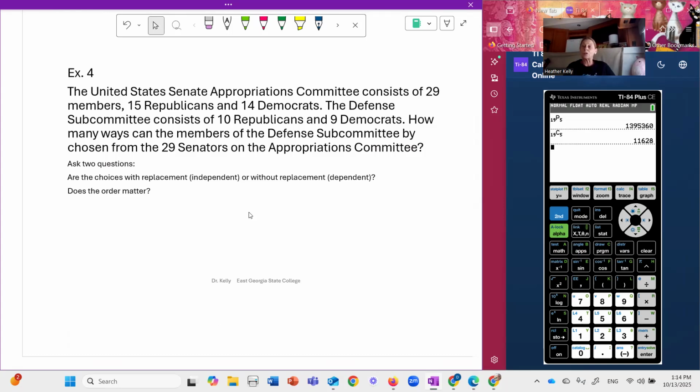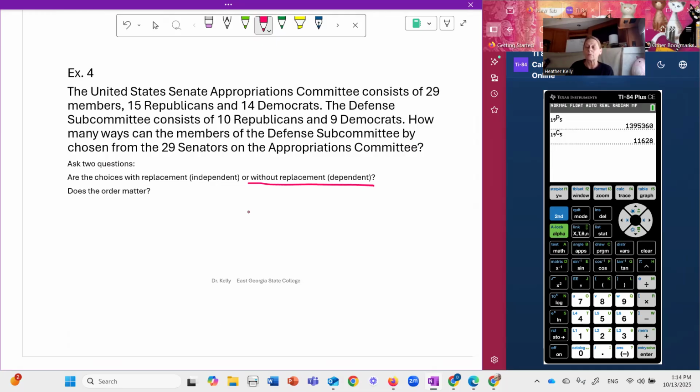Now there's choices in 2 different committees. So let's answer these questions here. Are the choices with replacement or without replacement? So in other words, when you choose someone from either side, let's say the Republicans, we choose a Republican out, right? Do we throw them back in and can we choose them again? Can one person hold 2 seats? No. So this is without replacement, okay?